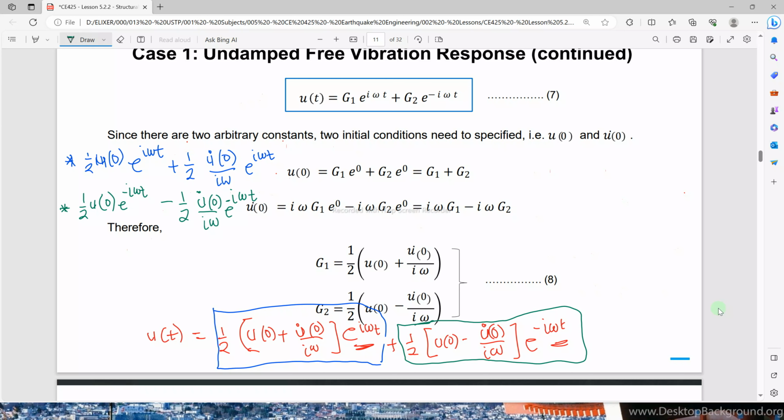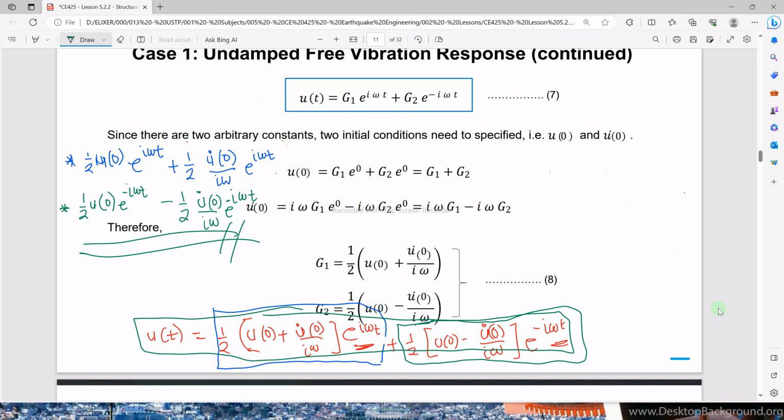So we will have a very long equation if we distribute this one. So let's just settle on the substituted value with our G1 and our G2.